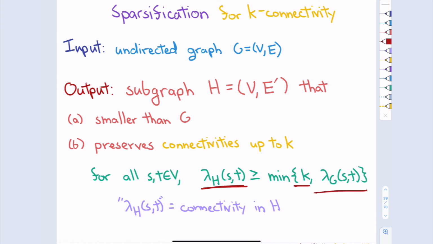So if the original connectivity was 5, you're not going to get up to 10, of course, but you would like to still have connectivity 5 in your smaller graph. But maybe if somebody had connectivity 100, you don't really care if there's 100 connections. You just want to know if they have 10 connections, and maybe you can find a smaller graph to summarize this information. So the spanning tree would be k equal 1. K equal 1 is just preserving reachability. Edge connectivity 1 is one path.